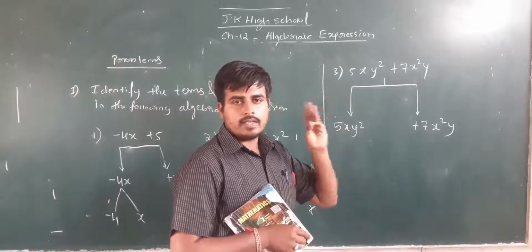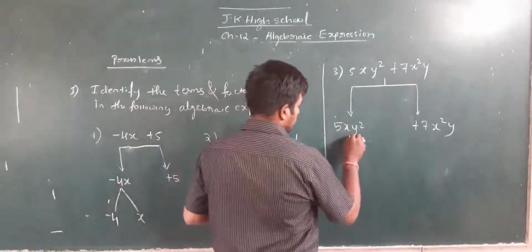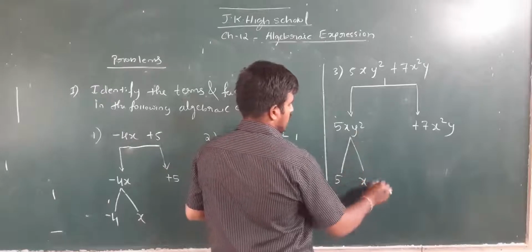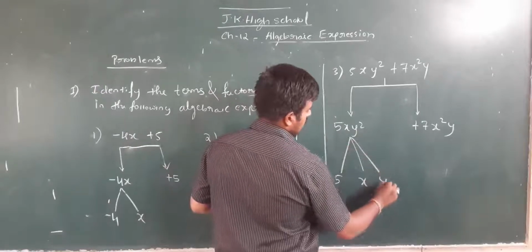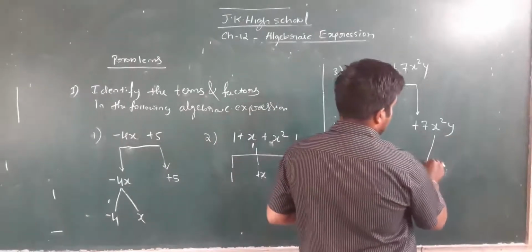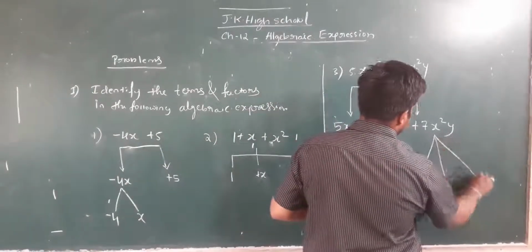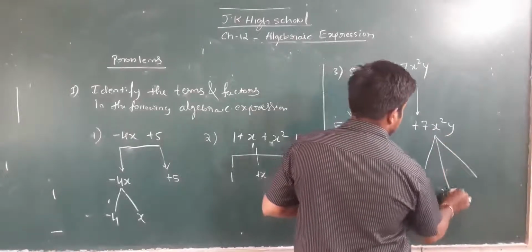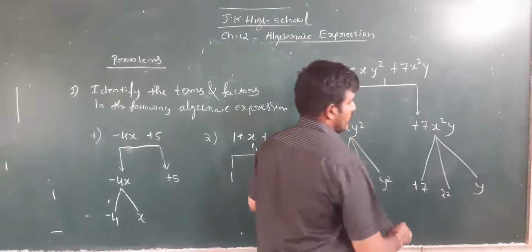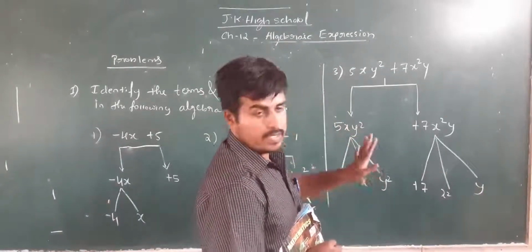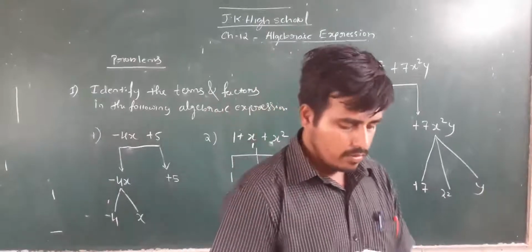It has 3 factors. 5 is one factor, x is another factor, y square is another. And this 7x square y has how many factors? Plus 7, x square and y are the factors. These 2 are terms and these are the factors. Okay, likewise you have to try.